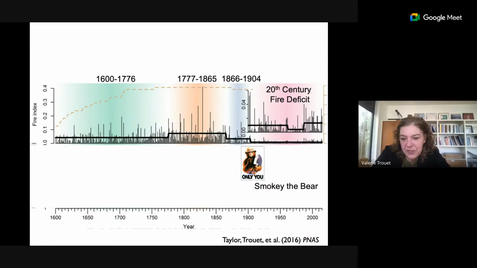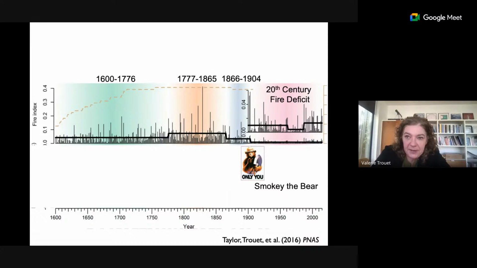So in the early 20th century, the US Forest Service was established in 1907 with the mission to protect Western forests, to protect them in general, which included protecting them from wildfires.